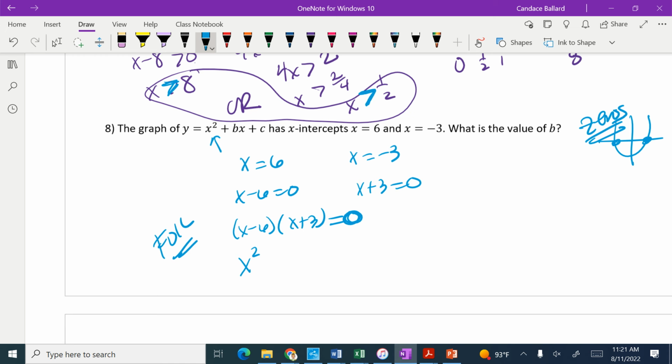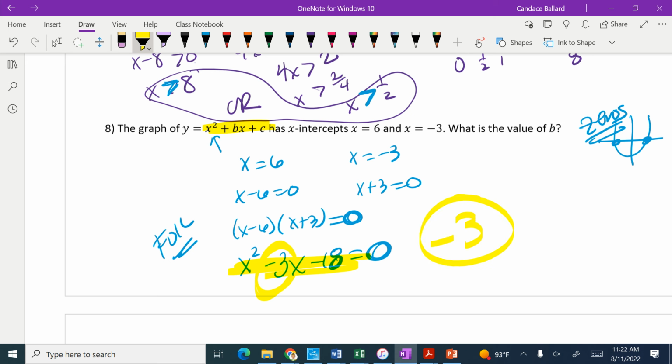Okay, check with your partner to see if you guys have the same b value. All right. Do we agree with what I have when I FOILed it together? -3, -18? Which one's the b? Look at, compare this to this, right? The b is in the middle spot, so it's got to be -3 is the answer for the b.